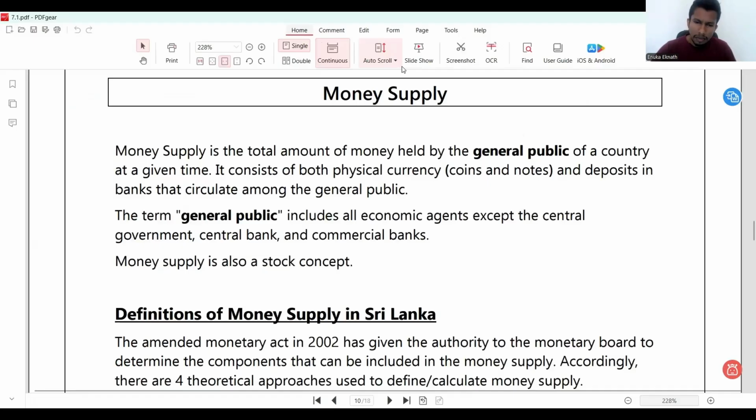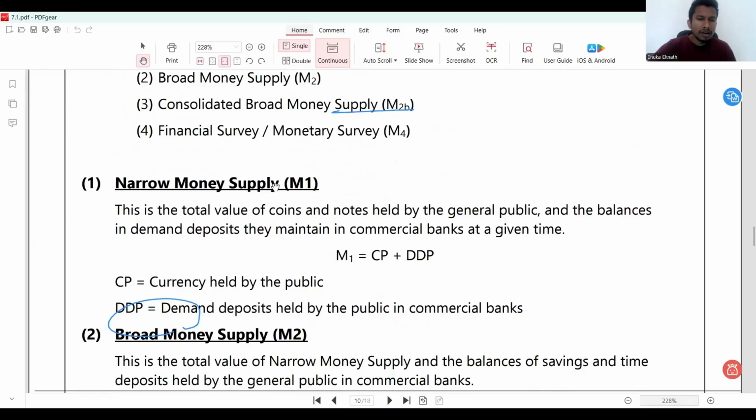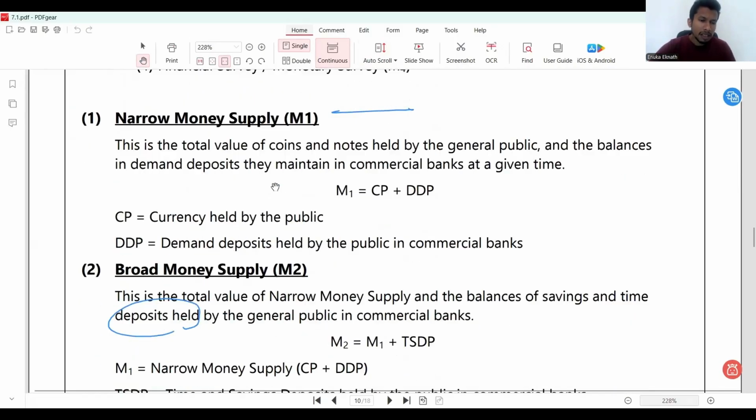Right, look at this note. It's about the money supply, and we have several definitions, not one. So if you look at this part, we have four definitions, but as I mentioned earlier, what we require for this question is the narrow money supply. So let's look at that definition.